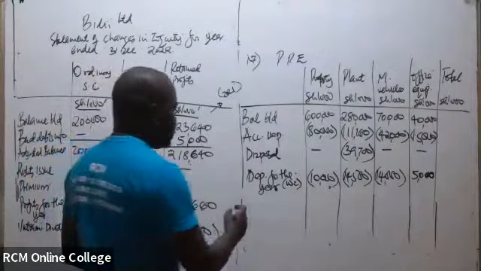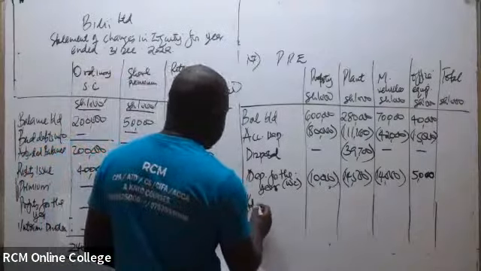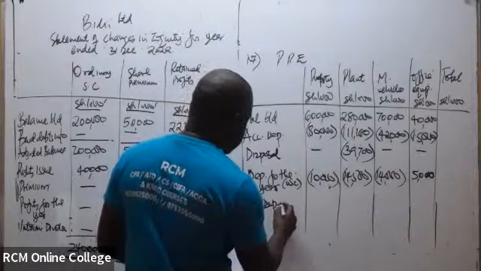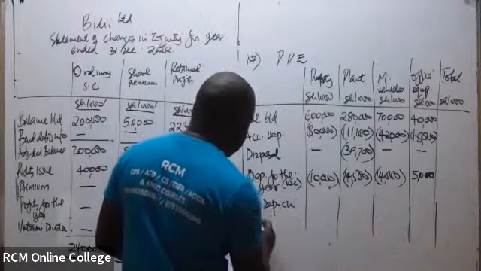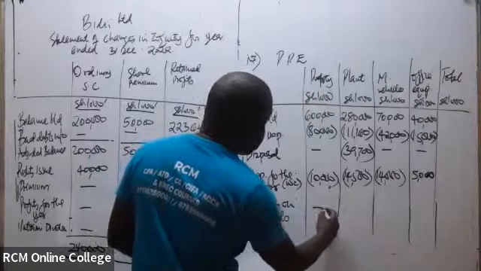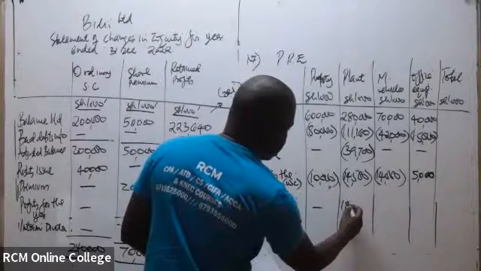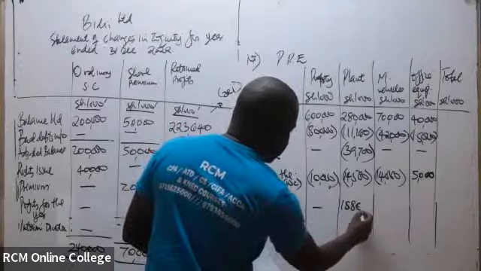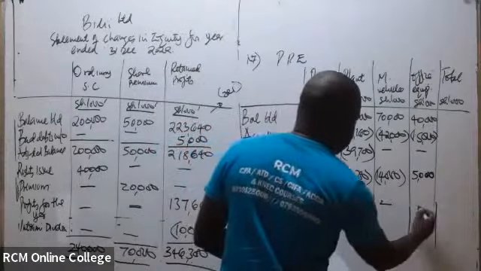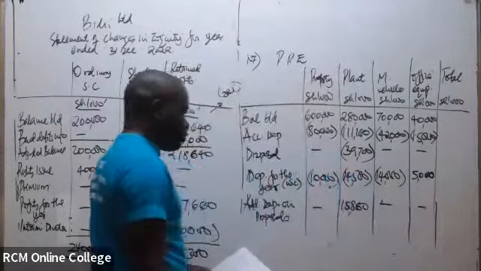So you can add back depreciation on disposed of items, depreciation on disposals. This one is 15,860.